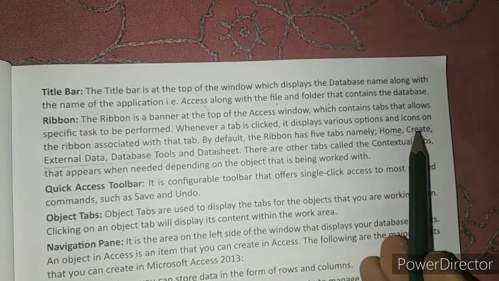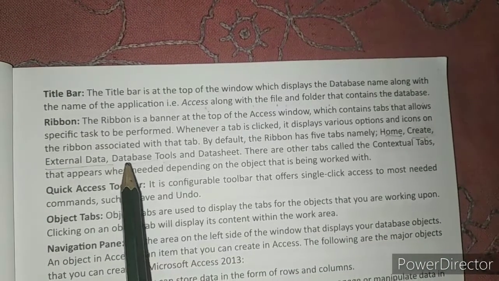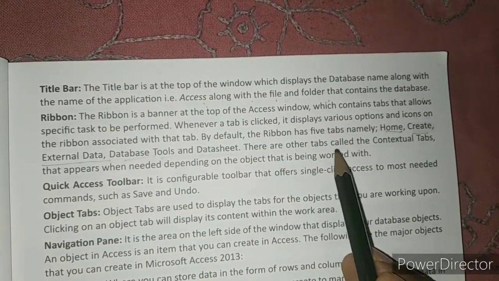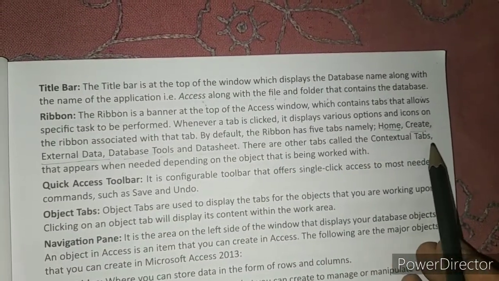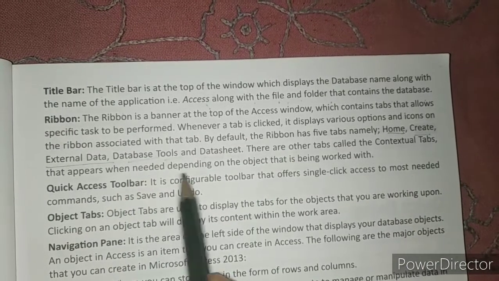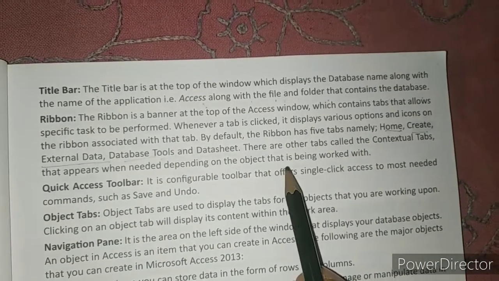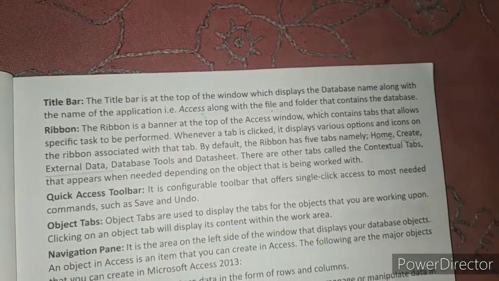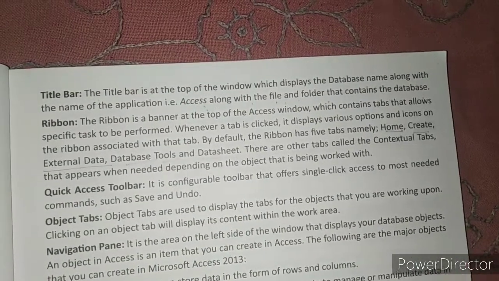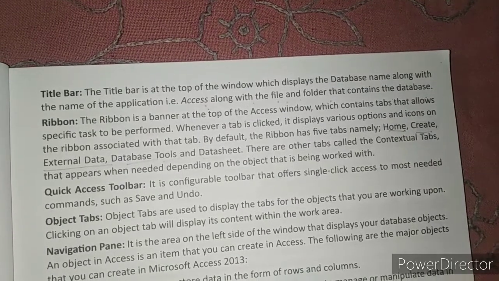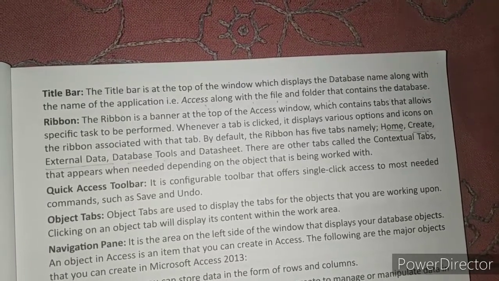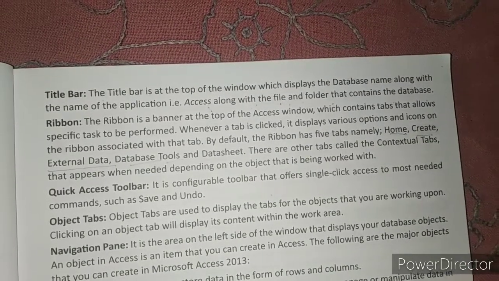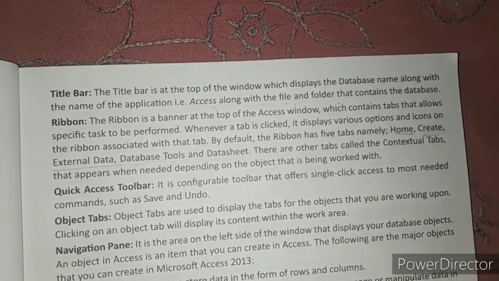There are other tabs called contextual tabs that appear when needed, depending on the object that is being worked with. It means there are some other types of tabs which do not appear generally, but when we do some work according to the need, they appear.